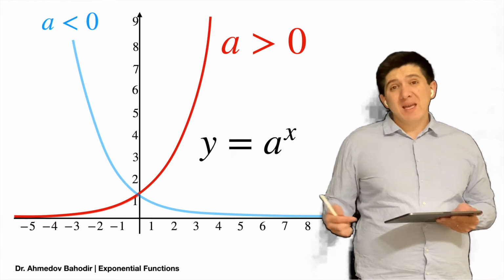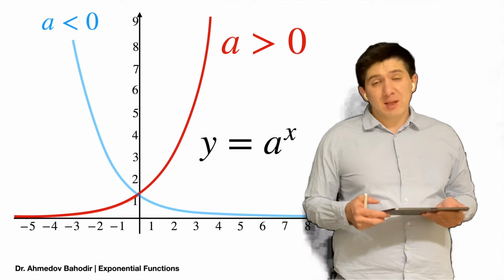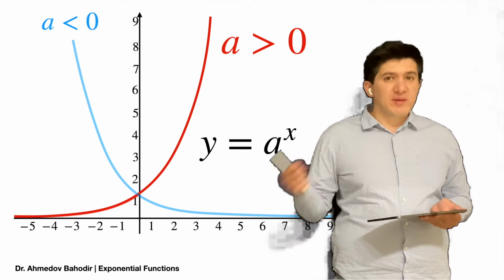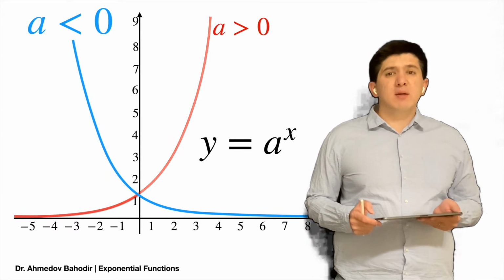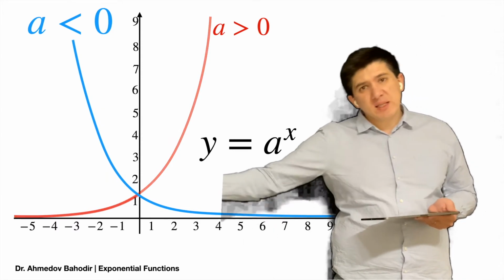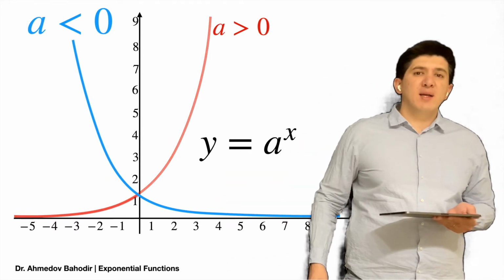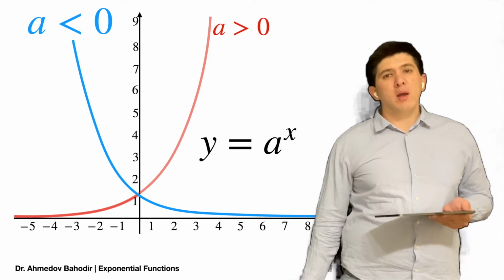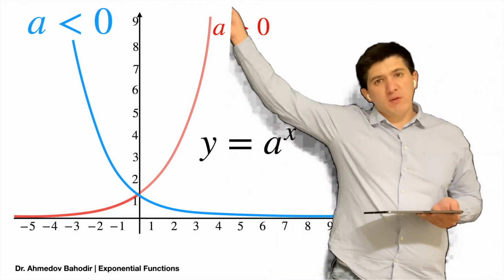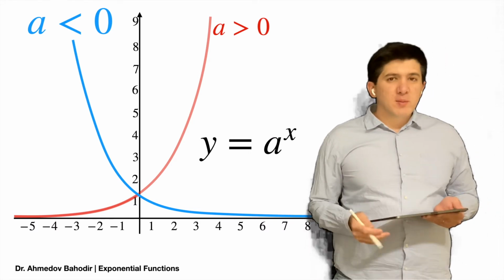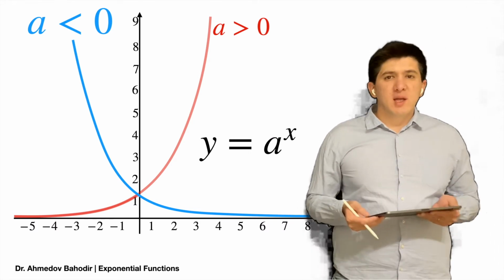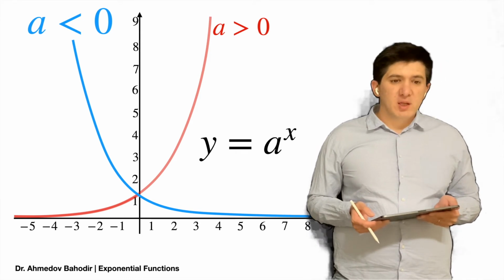When a is less than 1, a number between 0 and 1, the function is going to be decreasing. As we increase the values of x, the values of y decrease. They are going from the top to the bottom.